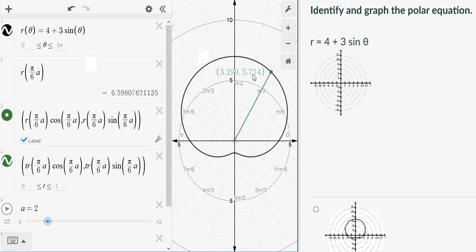Again, here is the xy coordinate, not really the polar coordinate. It tells you the x coordinate is this much, 3.3 approximately, from the origin to here. And the y coordinate is 5.7 something. Here's 5, and here is 6, 5.7 something is here.